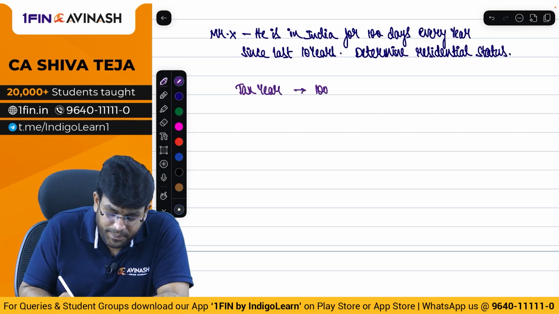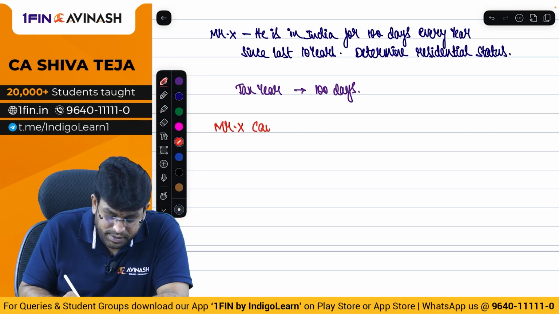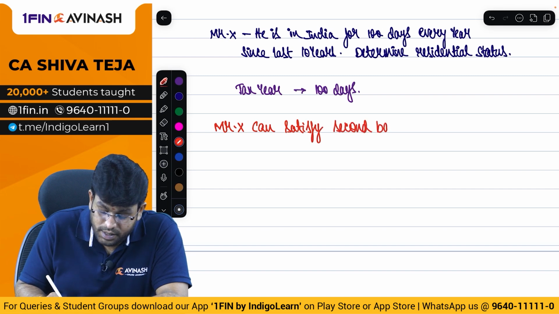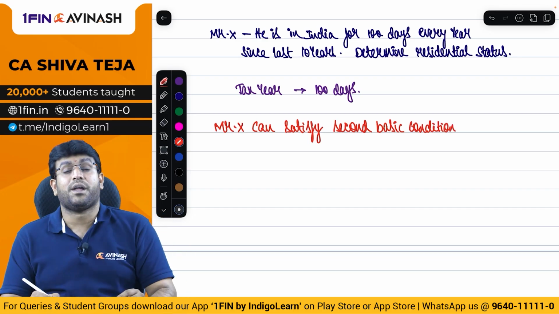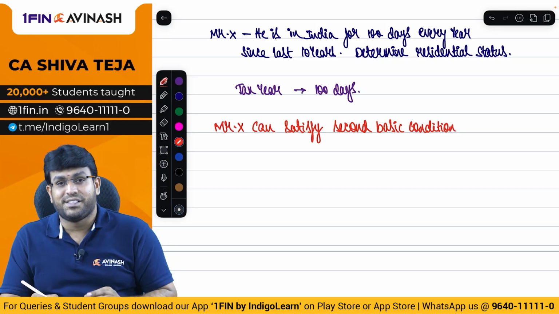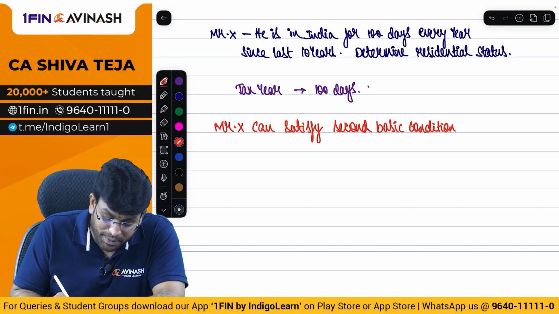In the tax year, he is there for 100 days. So, Mr. X can satisfy the second basic condition. Now, please tell me, how did X satisfy the second basic condition? Because the second basic condition says 60 days or more during the tax year and 365 days or more during the 4 years preceding the tax year.